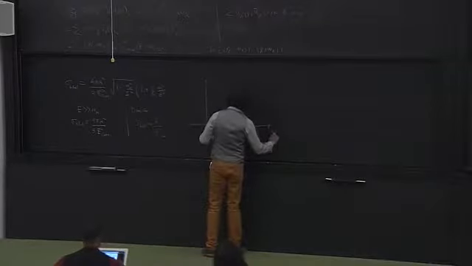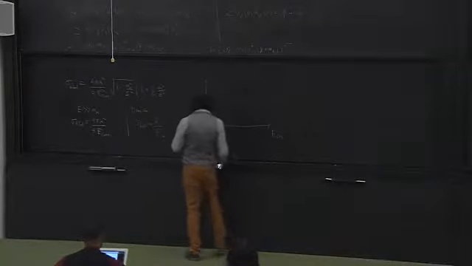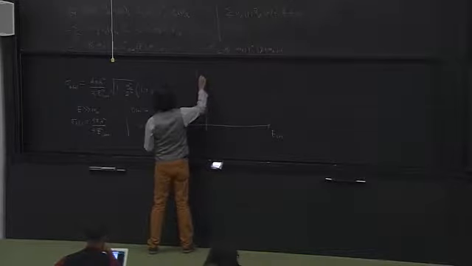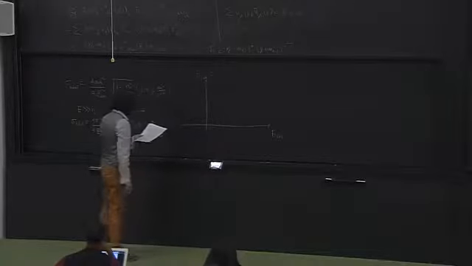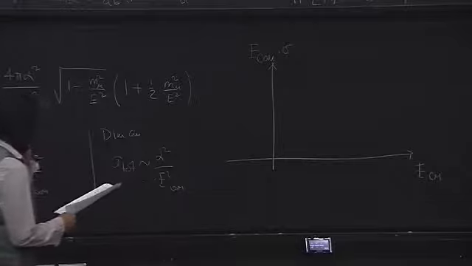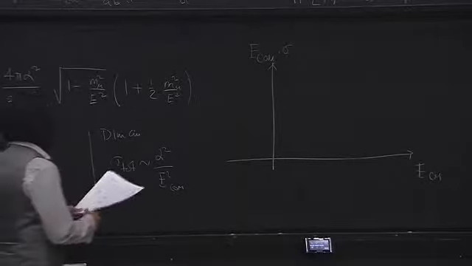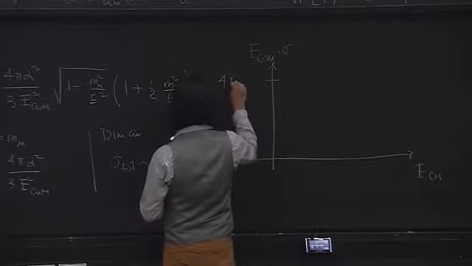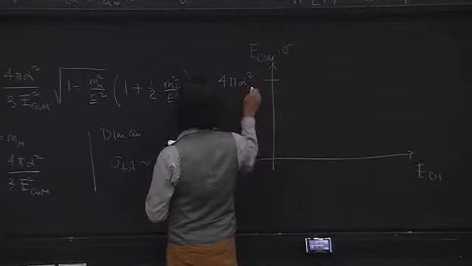So the result is as follows. On this axis, you plot the cross-section multiplied by the energy, because this is the ultra-relativistic limit.